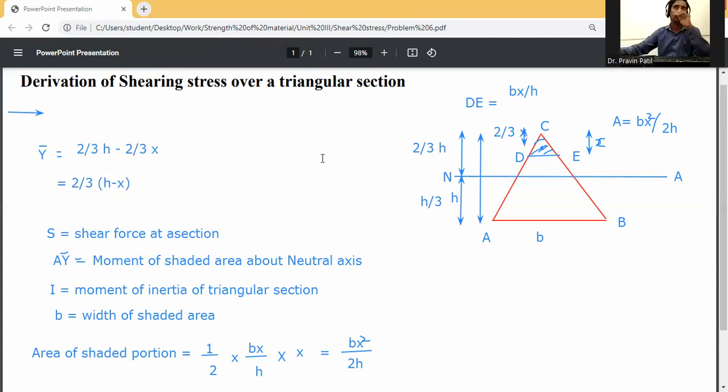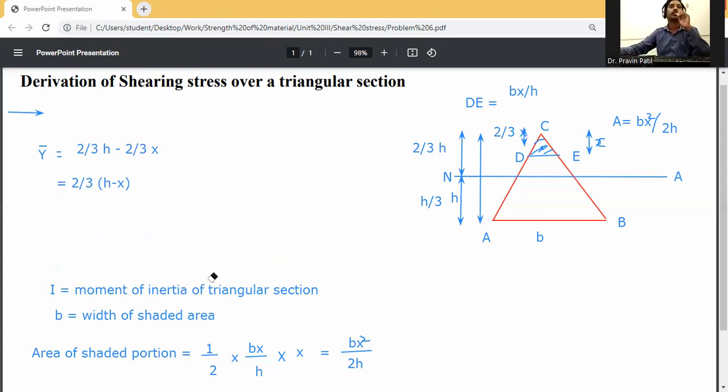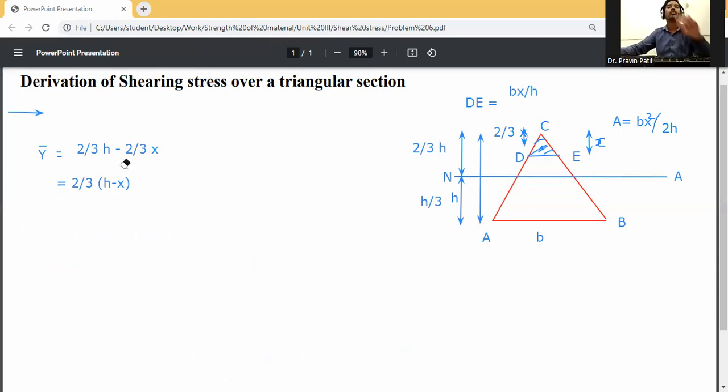Okay, so put all these values in the equation. So q is equal to S A y bar divided by I B. Put all these values here.